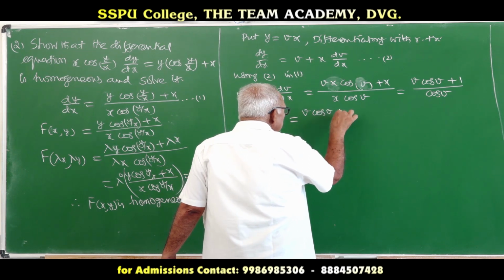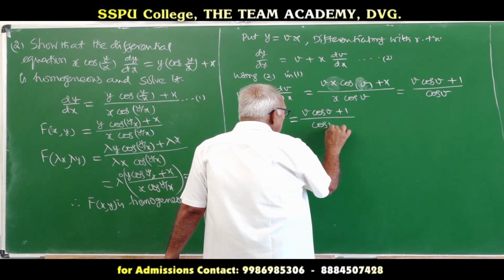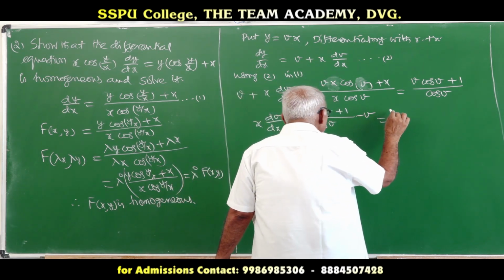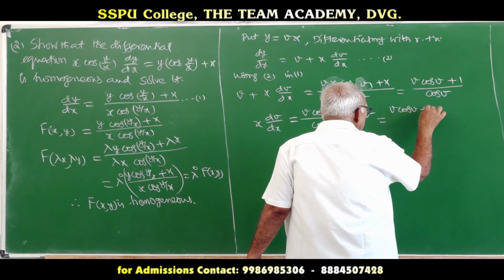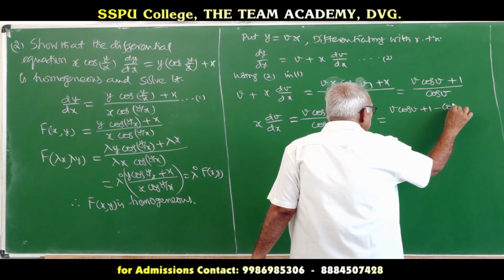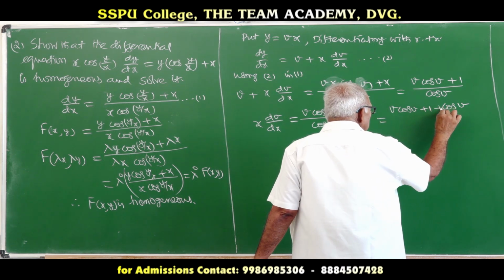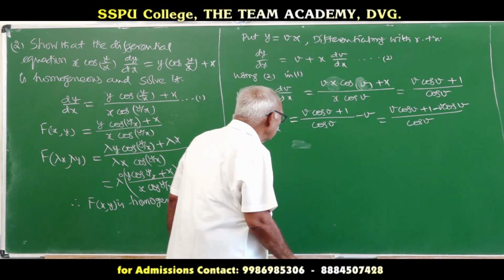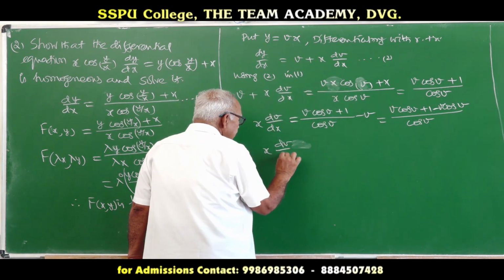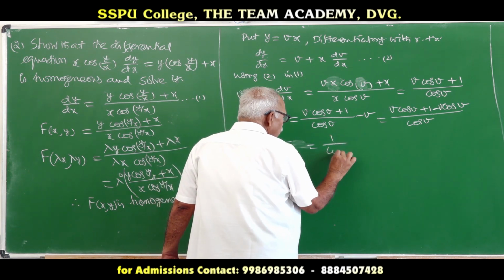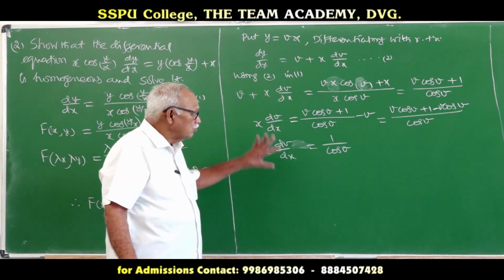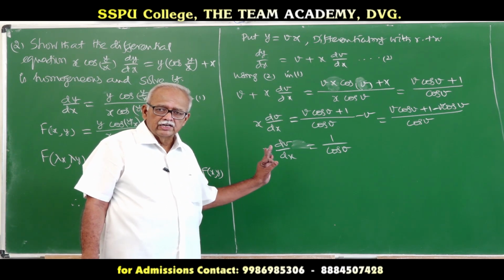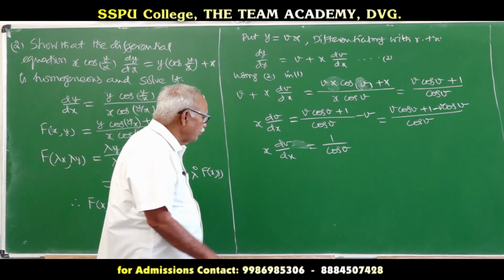Now, x into dv by dx is equal to v cos v plus 1 divided by cos v minus v. This simplifies to v cos v plus 1 minus v cos v divided by cos v. So, x into dv by dx is equal to 1 by cos v. Once we substitute y is equal to Vx, the differential equation gets converted into variable separable form.